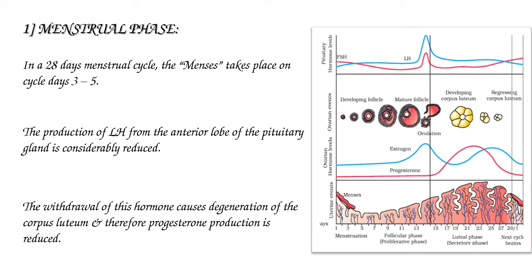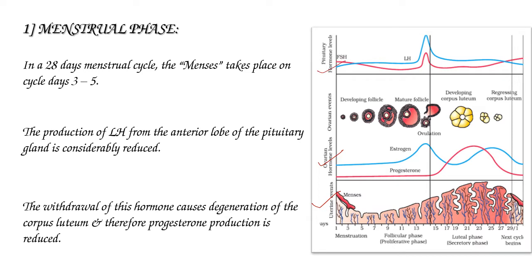First, at the bottom, we can observe the events which occur in the uterus, and next the levels of hormones in the ovary. We can also observe the events in the ovary during the menstrual cycle, and also the levels of pituitary hormones.